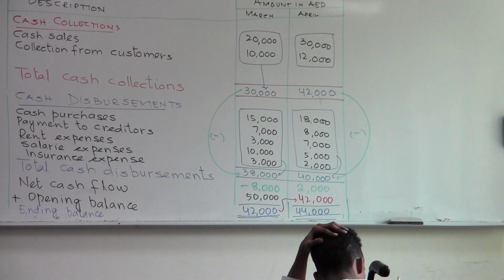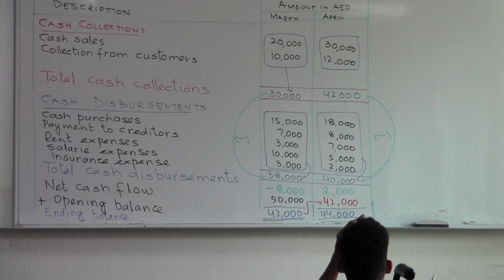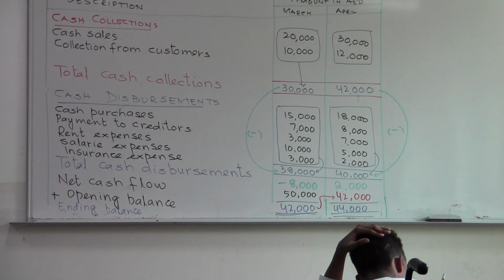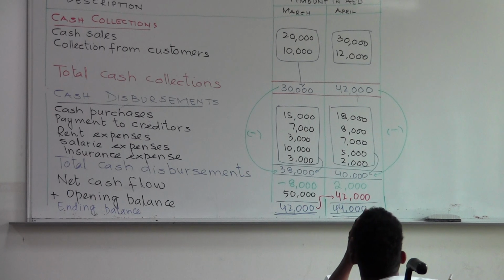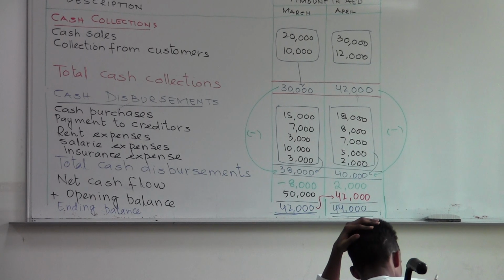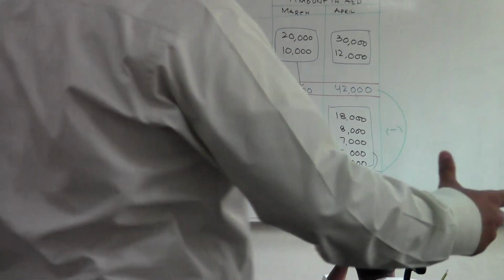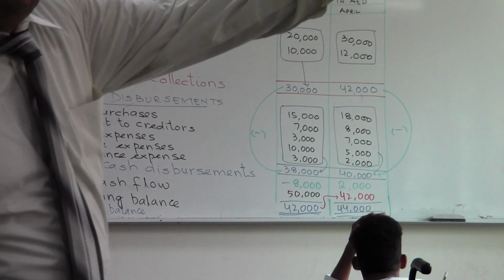I will repeat it. Please see on the board what we have to do and what we did here. Our today's topic is cash flow forecast. Cash flow forecast means the estimation of cash. Estimation yani takhmeen, we estimate that how much will be our cash in future.